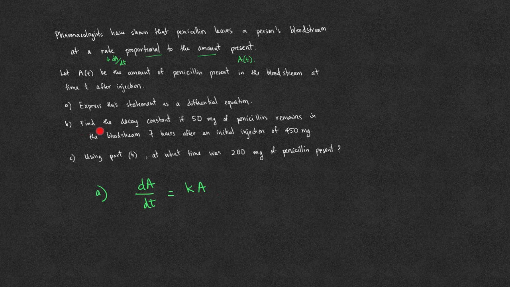Part B. Find the decay constant if 50 mg of penicillin remains in the bloodstream 7 hours after the initial injection of 450 mg.